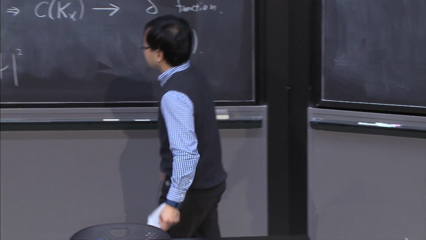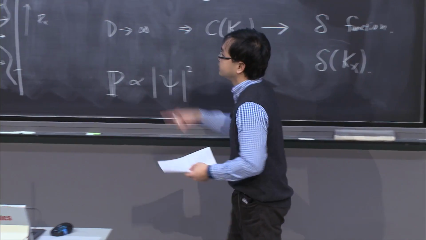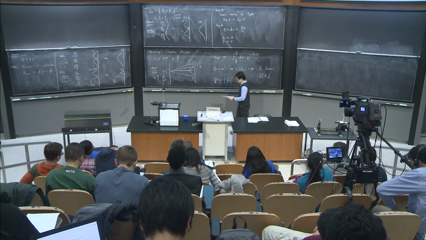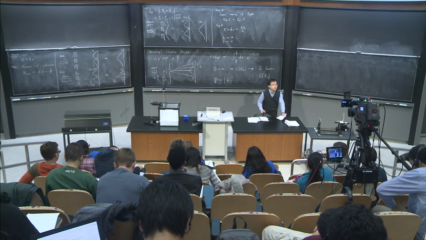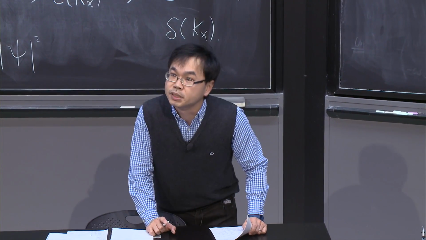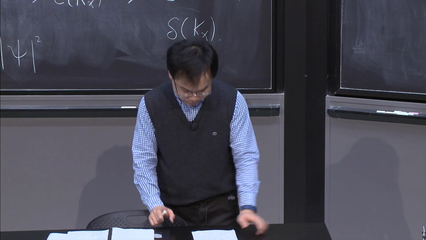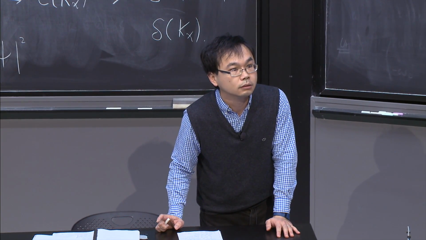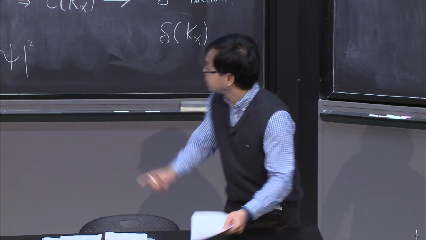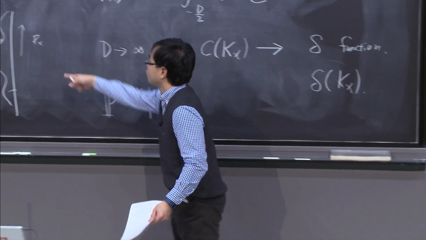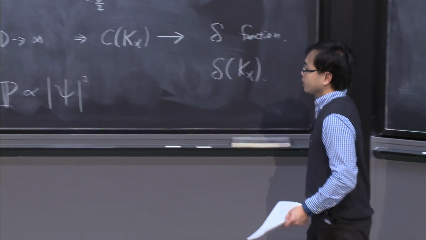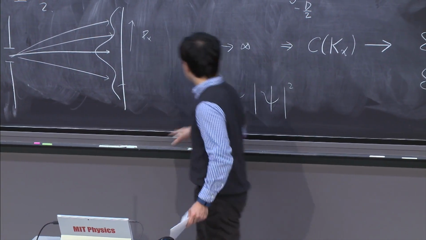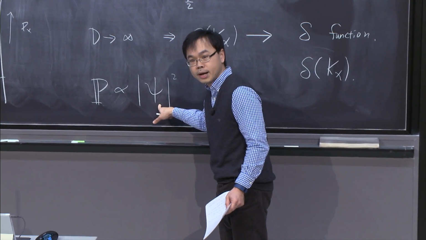But now quantum mechanics, or this experimental result, tells me that we can only predict the probability, the odds, instead of the outcome. You see my point? I can only predict the distribution of the wave function, and the probability of getting a result here is proportional to the wave function squared.